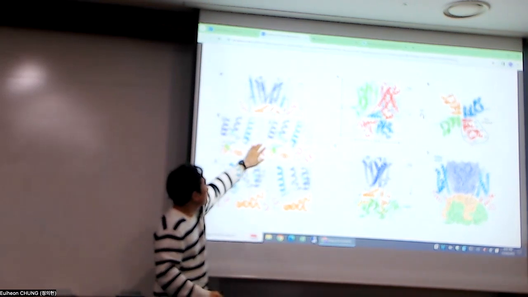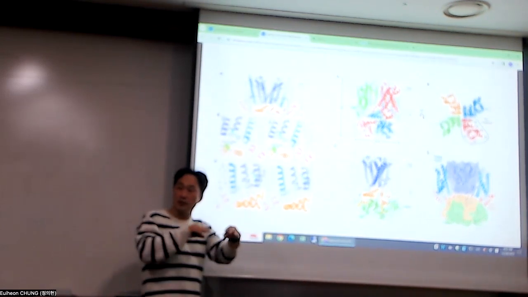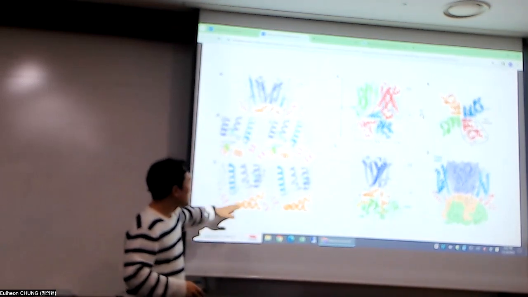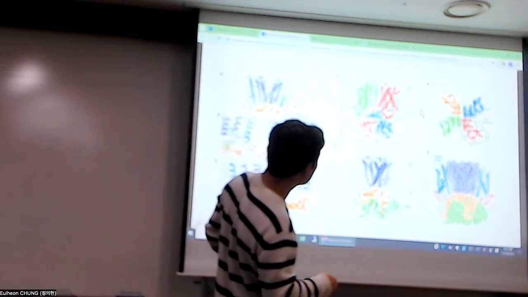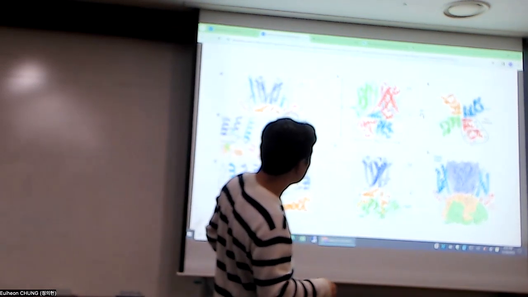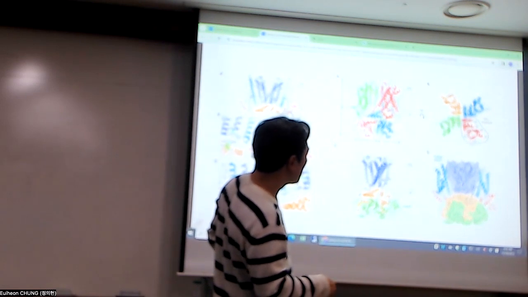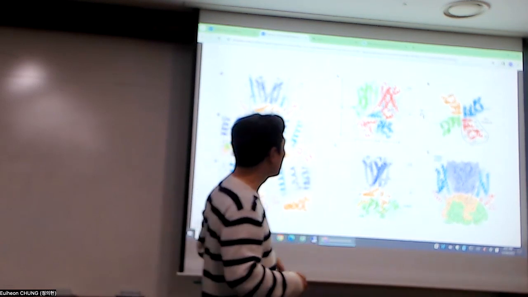So in this structure, it has the closure condition. So now we can talk about the cyclic nucleotide binding domains.